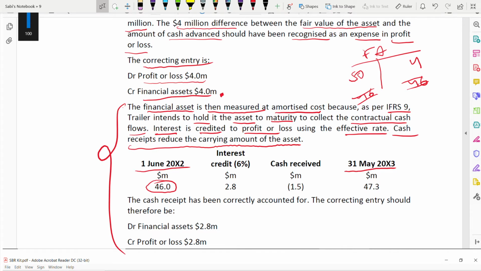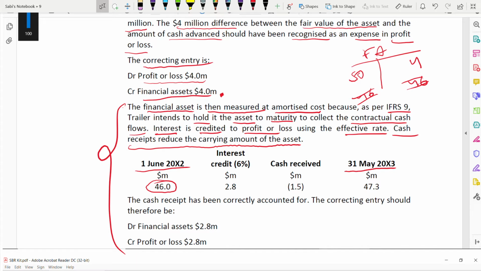So cash receipts reduce the carrying amount, because you are receiving the cash interest. Won't it reduce the amount from your loan? It's like you are paying little by little the amount of your loan, so your loan amount will be reduced by the amount which you have paid. Here also it is the same thing.